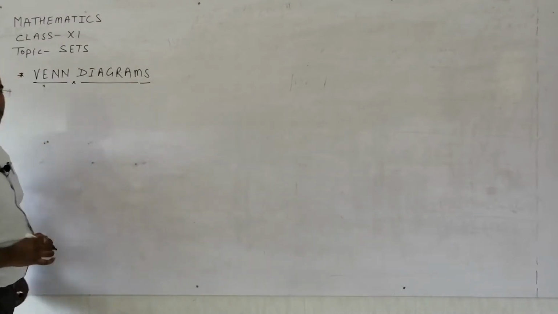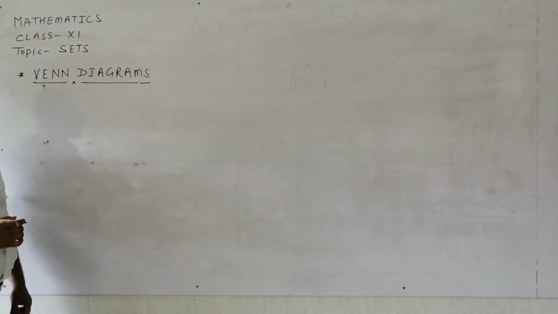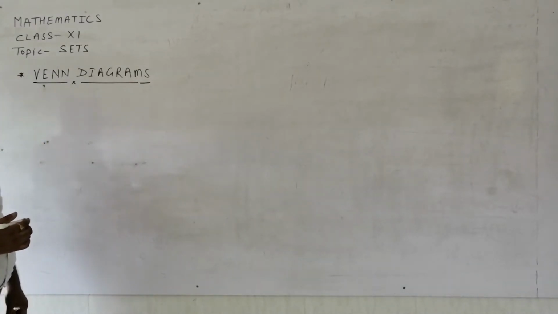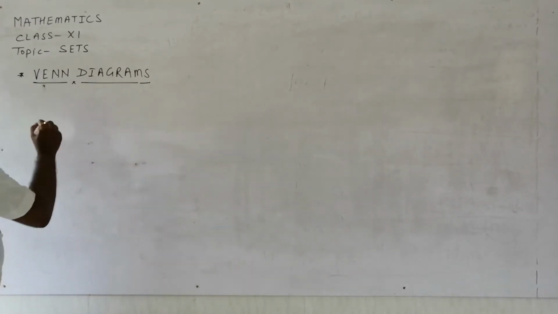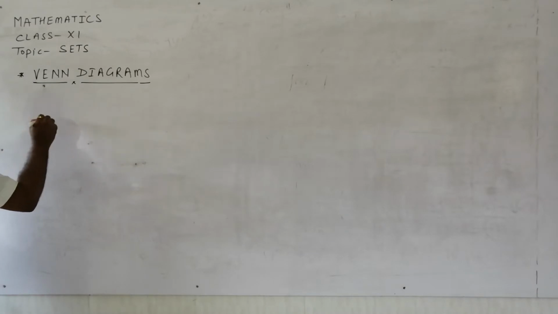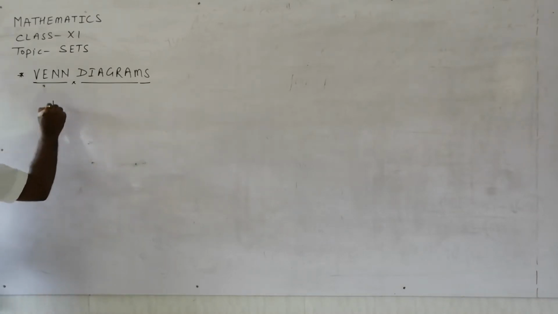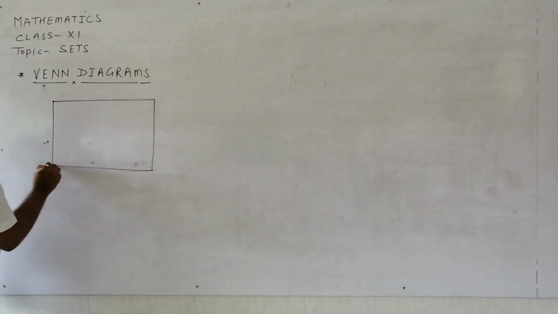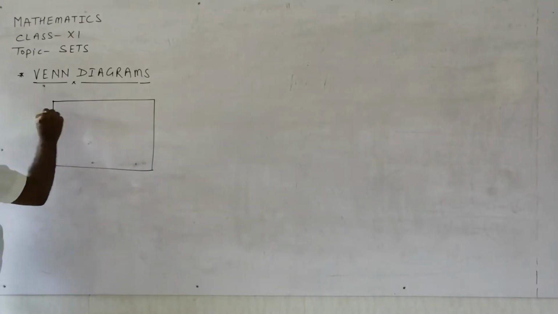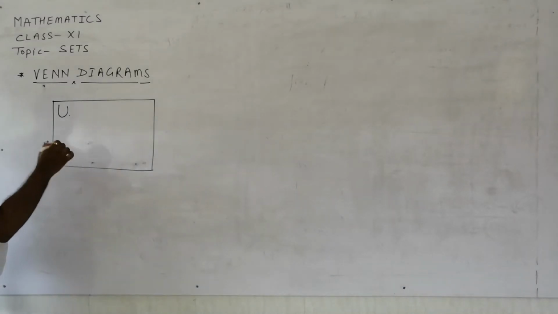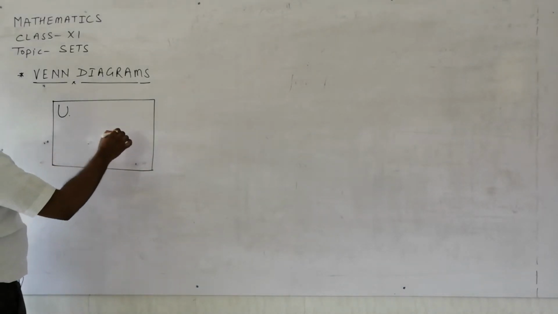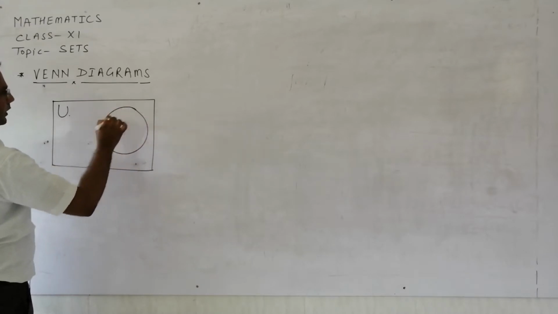If we are talking about sets, relations can be represented by diagrams. This diagram is actually called a Venn diagram. In this diagram, you will understand that the universal set is represented by a rectangle. It is called the universal set, and all other sets, if they are subsets of this, we represent by circles.